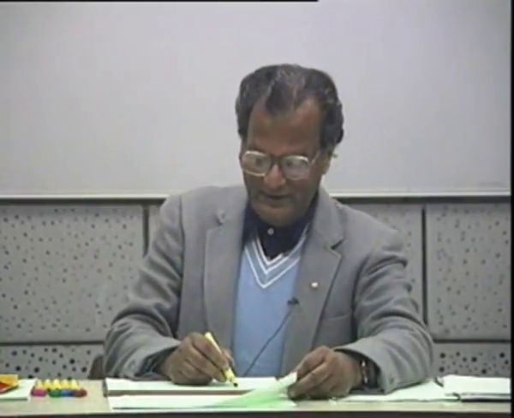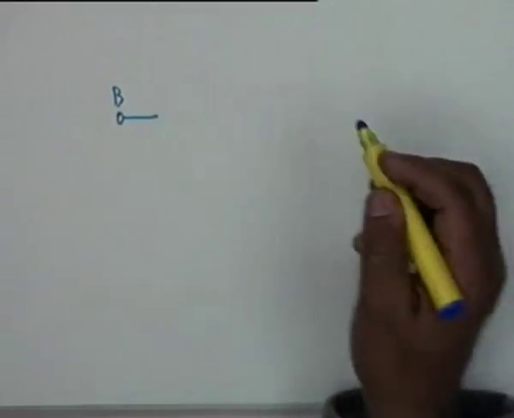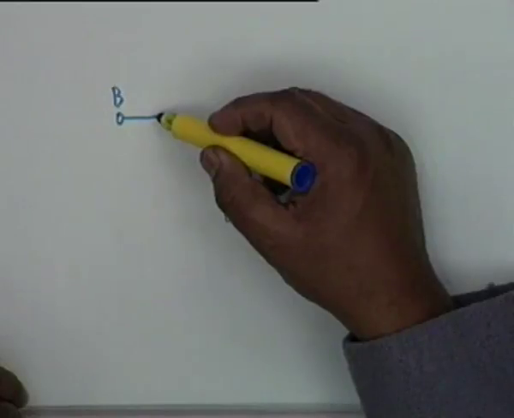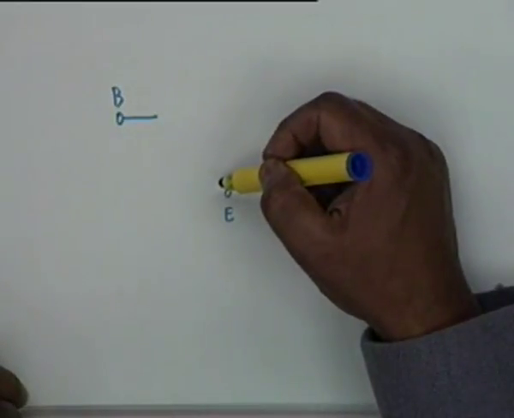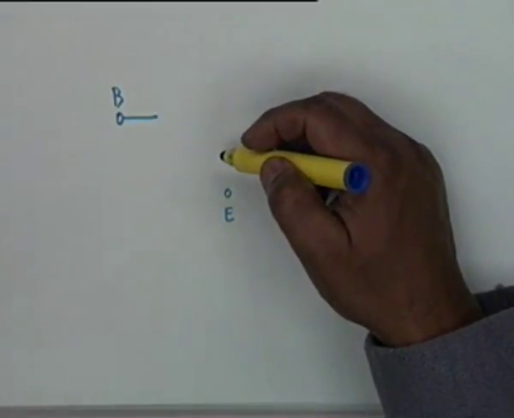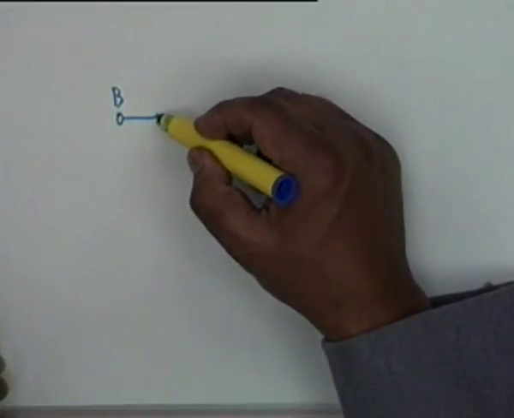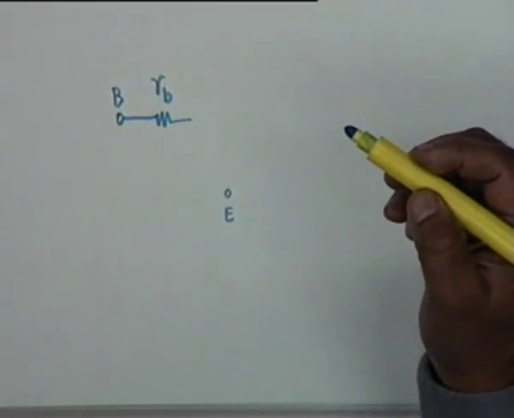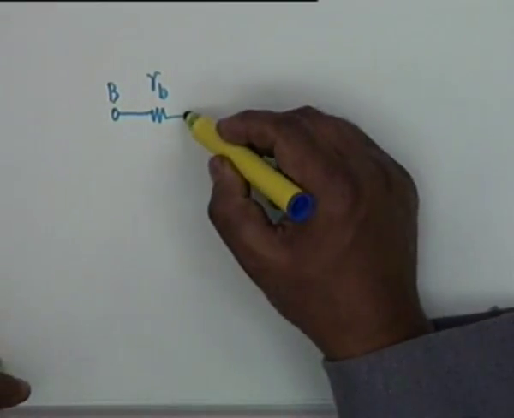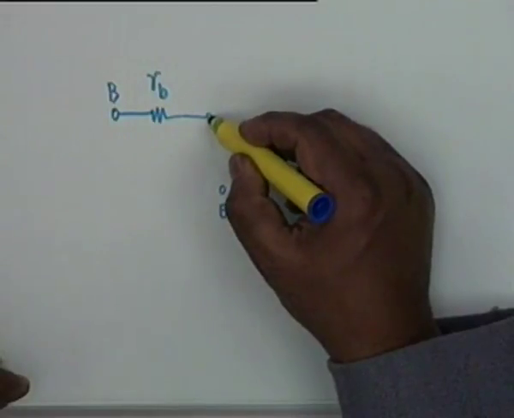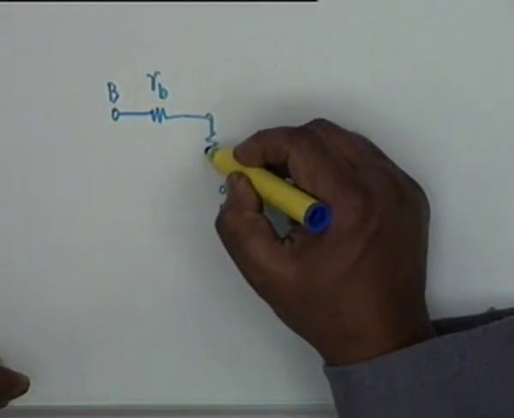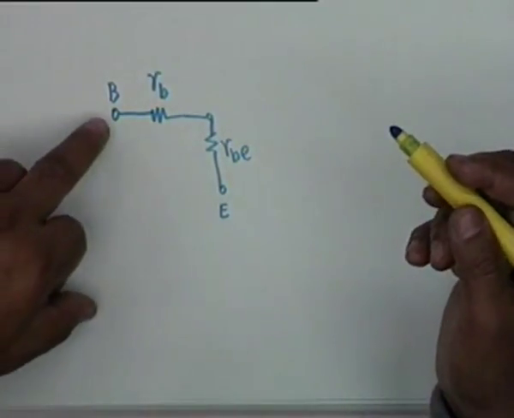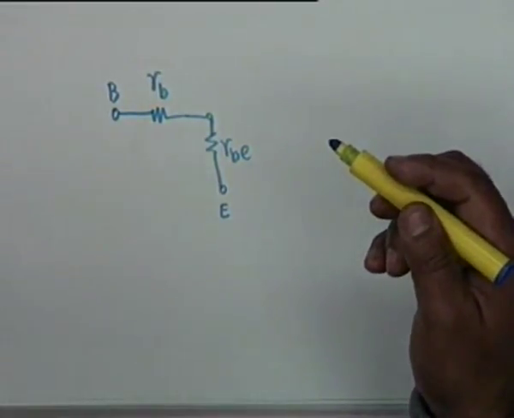Therefore if base is this terminal and emitter is this terminal, from base to emitter, and I am talking of AC, it's not simply RBE. It first comes with R sub B, the physical resistance of the base called the base spreading resistance, and then from this point to emitter is RBE, and therefore between base and emitter there are two resistances in series.